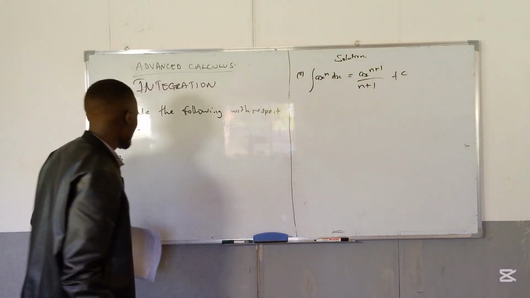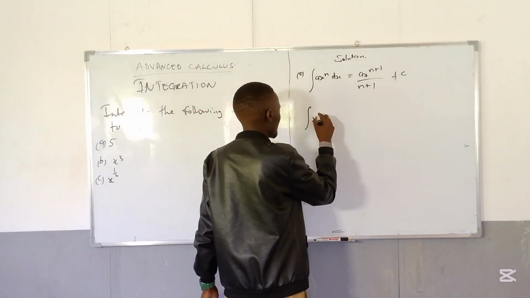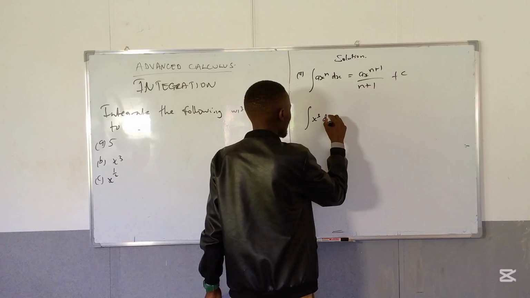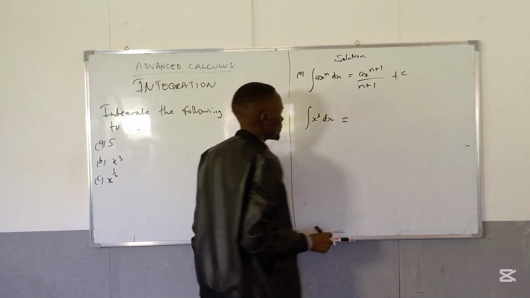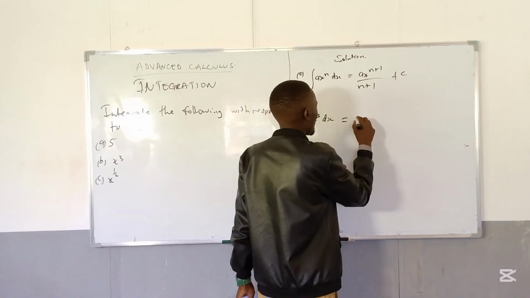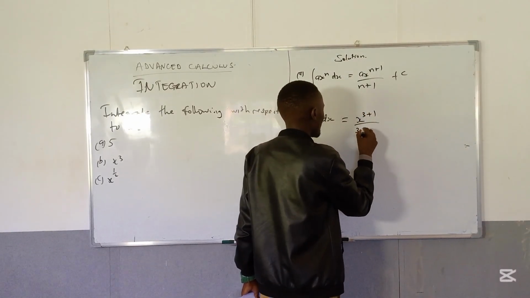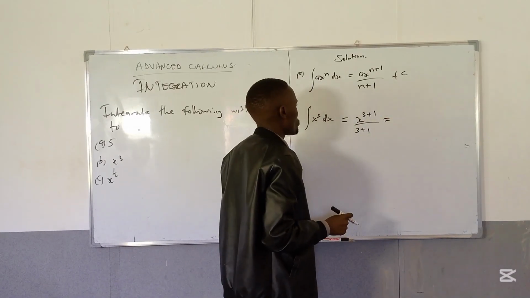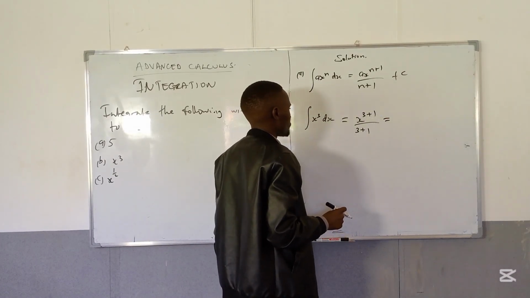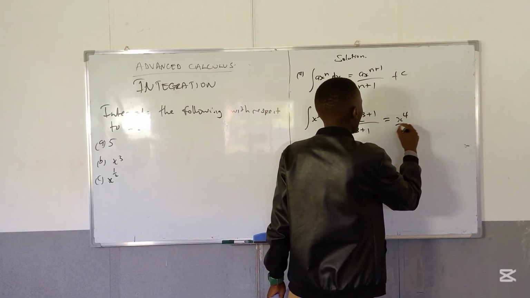Now we go on to find the integral of x cubed. The integral of x cubed with respect to x. Now here it will be x power 3 plus 1 over 3 plus 1, which should be the same as x power 4 over 4.